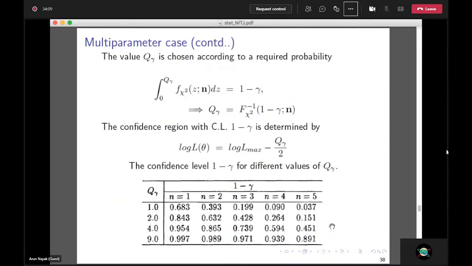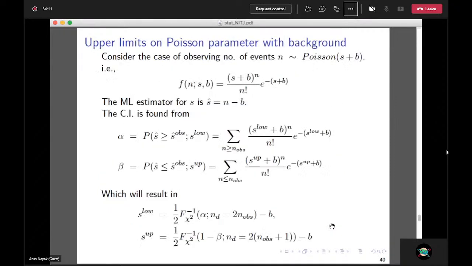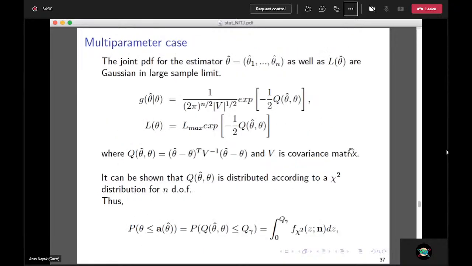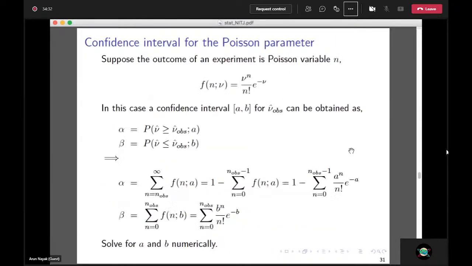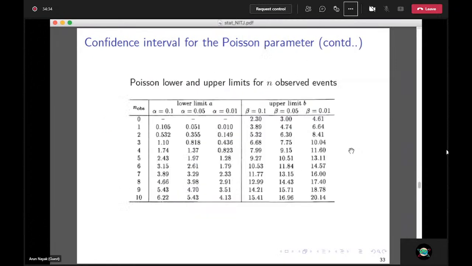Next is the upper limits on this Poisson parameter, supposing we have background. Earlier we computed the limits, the intervals, on the Poisson parameter, but we did not discuss the background.